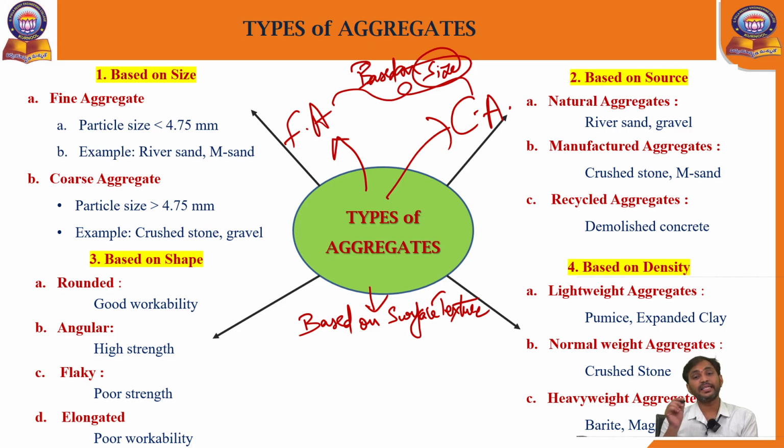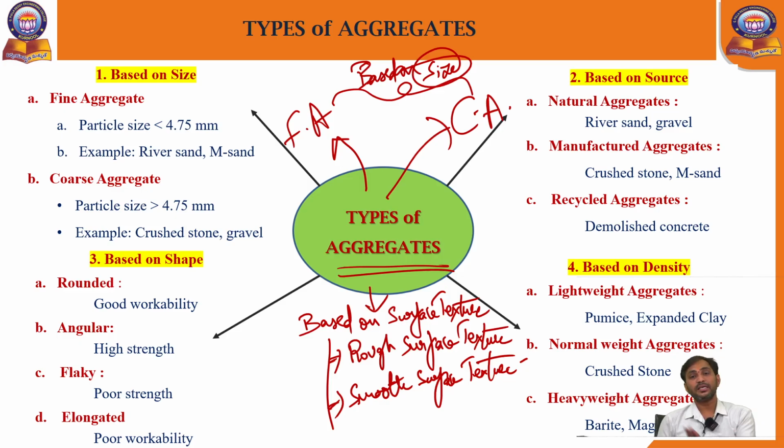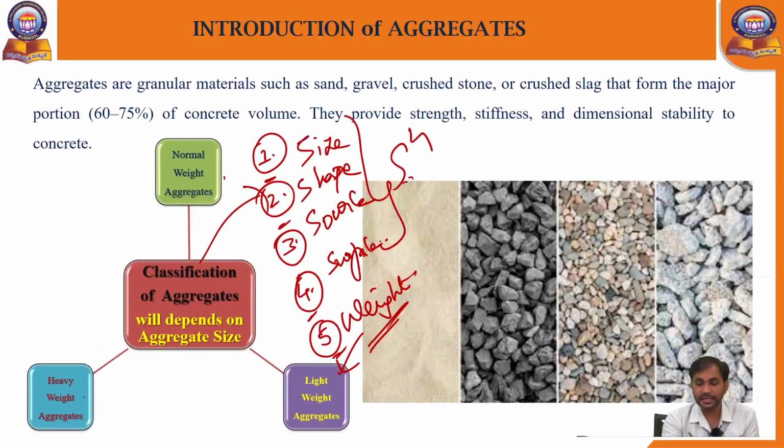Here the types of aggregates are divided into two categories: one is rough surface texture, and the next one is smooth surface texture. See, these are the 5 classifications that we have discussed here also.